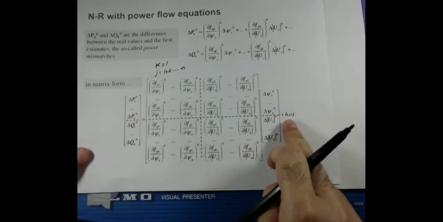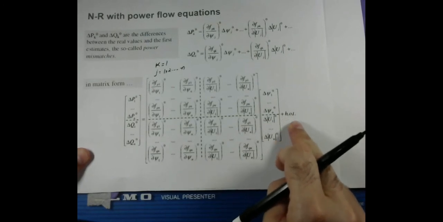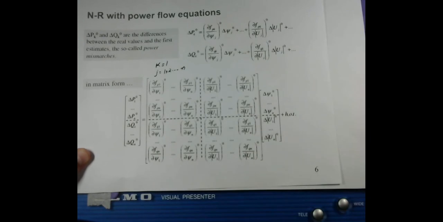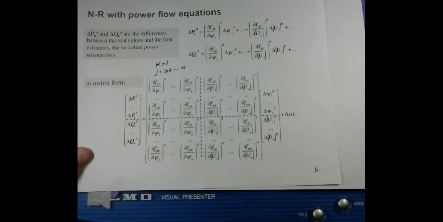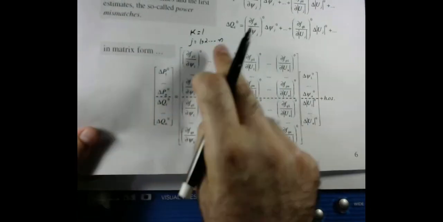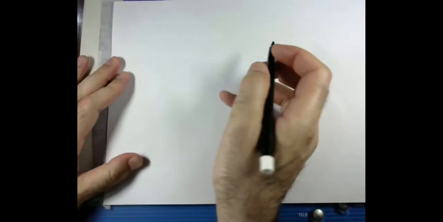Once again, to mention here, we ignore the higher order terms. Otherwise the squares of those terms would be involved. We ignore the higher terms, making the assumption that the error is small. So now I will write the compact form of this matrix.